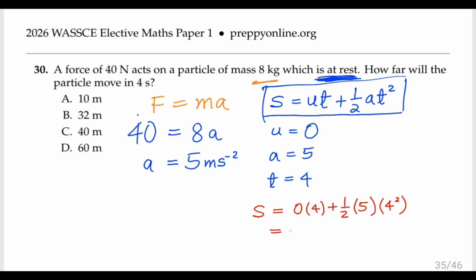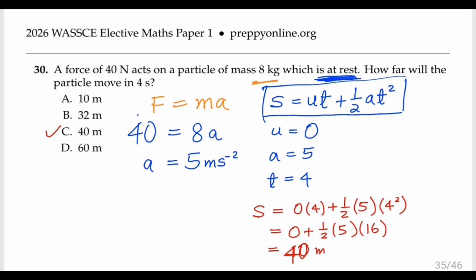So we have 0 times 4, 0. We have half, we have 5. 4 squared is 16. So we have 0 plus half of 5 times 16. That becomes 5 times 8, which is 40. So the distance is going to be 40 meters. So that gives our answer as C.